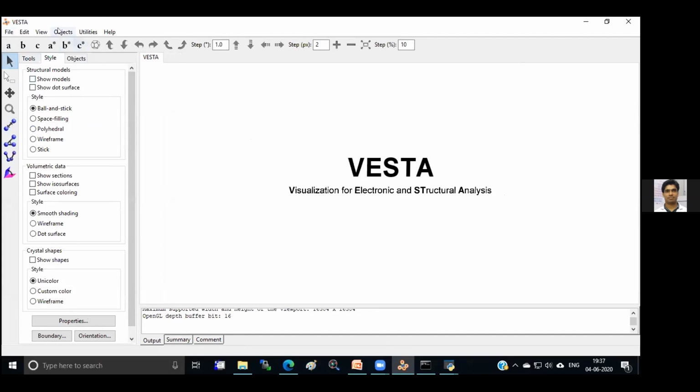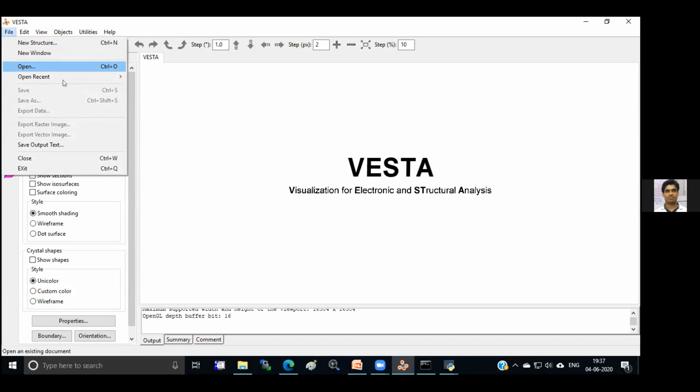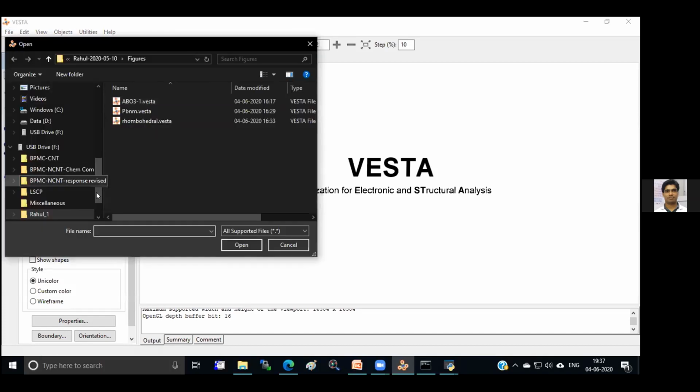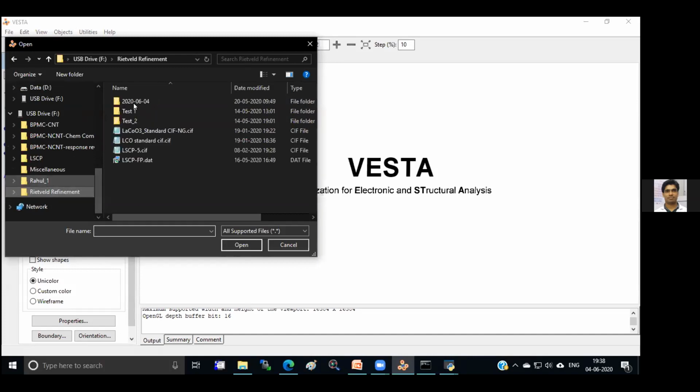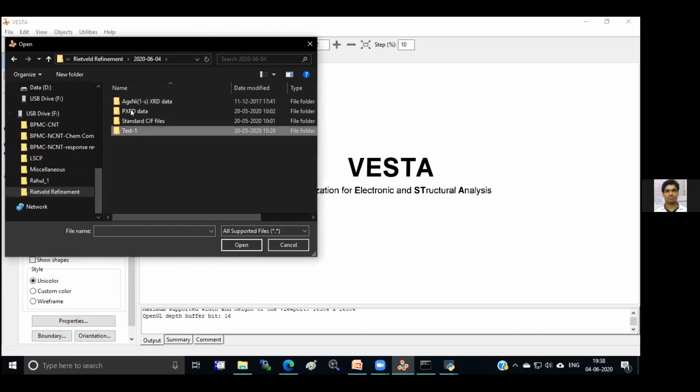After opening VESTA, go to File and then the Open button, and incorporate the zip file. The zip file I have saved here is the one I have exported just now.